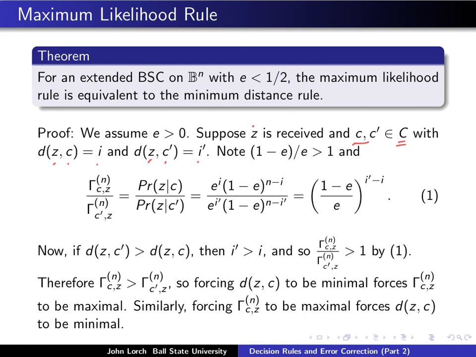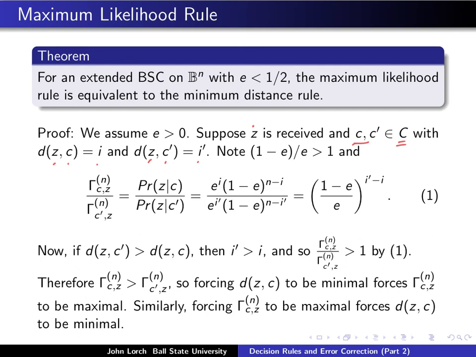Remember that gamma c z is the probability of output z given input c, and gamma c prime z is the probability of output z given input c prime. And we can find those probabilities by multiplying the probabilities of the individual bit flips.